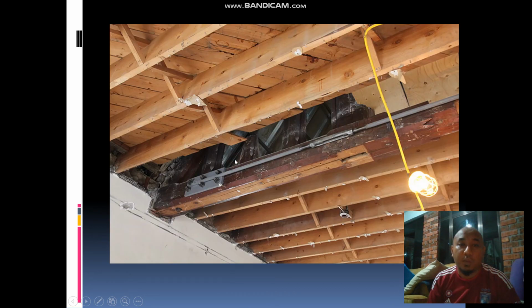Okay, this is when you look from the original pictures. Alright. Okay, so you can see the herringbones, you can see the joists.